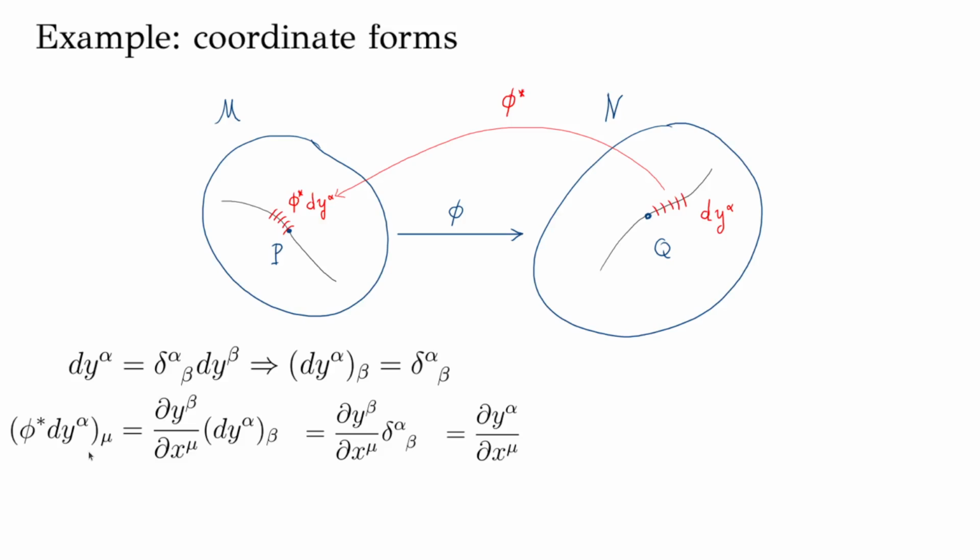Then we can use the relation that relates the components of the two vectors here, and we see that the components of phi star dy alpha is given by the derivatives of the coordinates y with respect to x mu. And we can write the pulled back one form, phi star dy alpha, as a linear combination of the coordinate one forms at the point P.